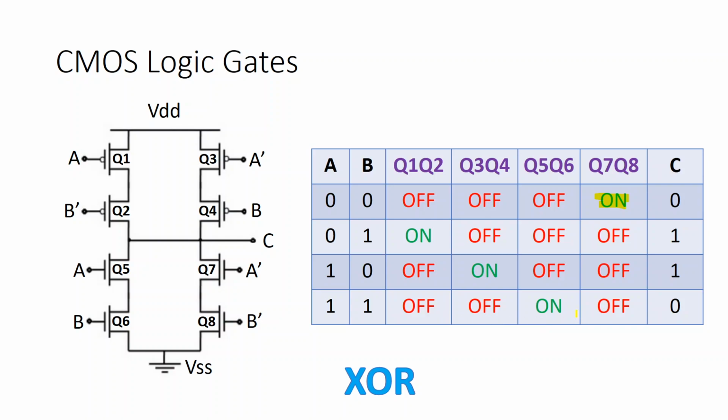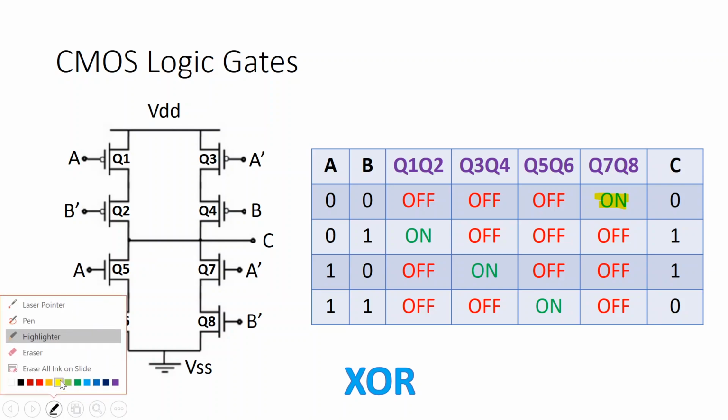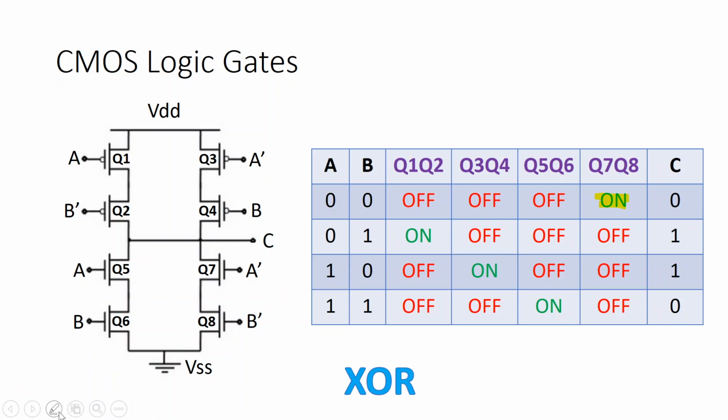So verify, and once you have verified, you will realize that this circuit combination is basically a XOR gate. The input output combination is the same as the XOR gate.